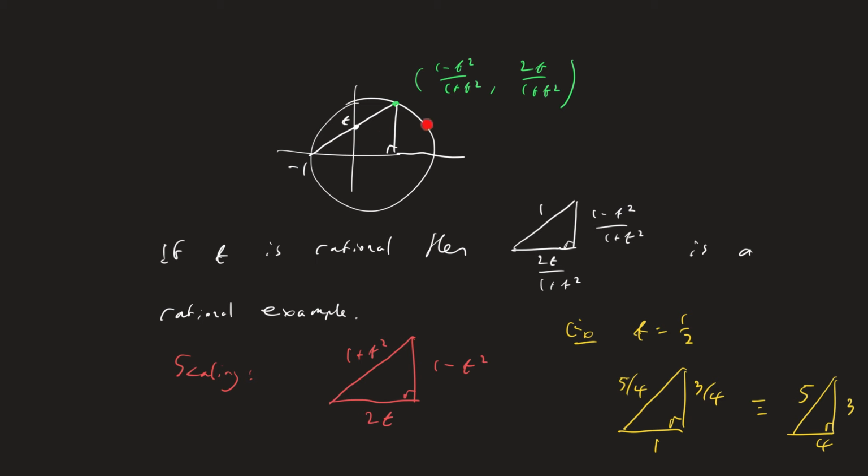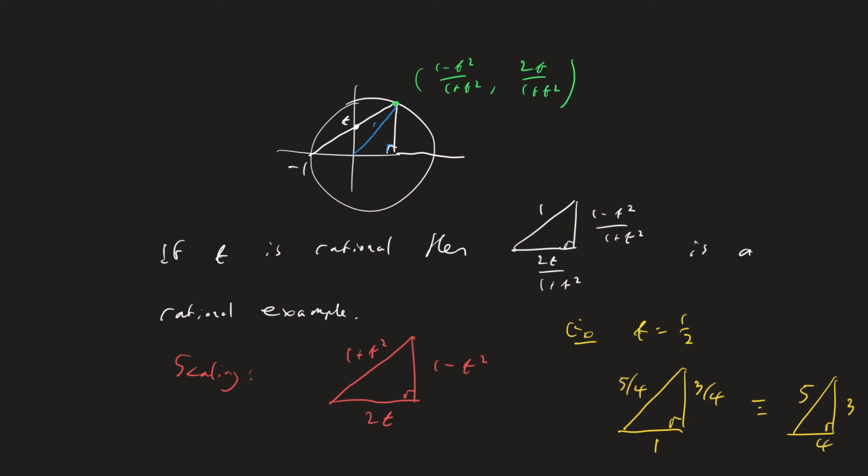Remember, rational numbers form an algebraic field, so we can add them, subtract them, multiply them, and divide by anything other than 0, and we will still get a rational number. Because this is a unit circle, we can draw a line from the origin to this point here, and that's got length 1.